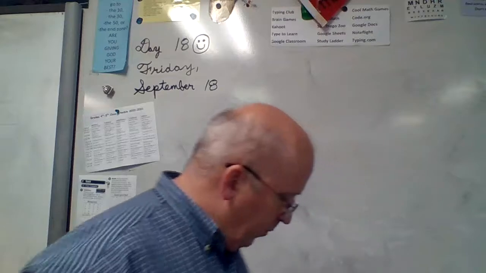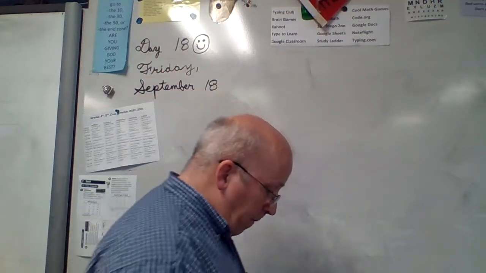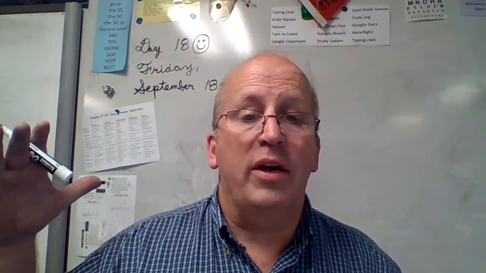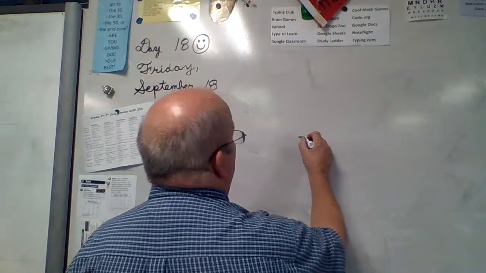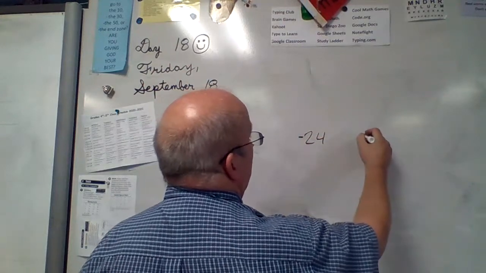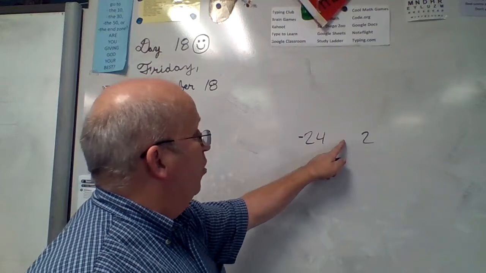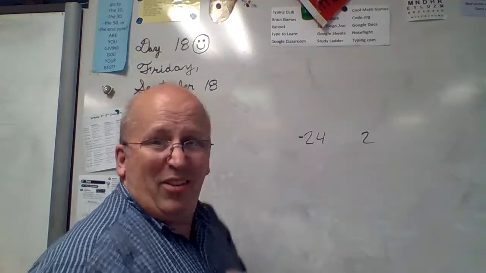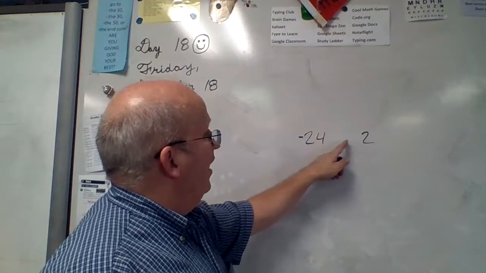Remember, when we talk about 8 through 11, the number that's further to the left is actually the smaller number. So for example, if I write on the board negative 24 and I write on the board 2 and I ask you to tell me what sign goes here, I would ask myself: is negative 24 less than 2?